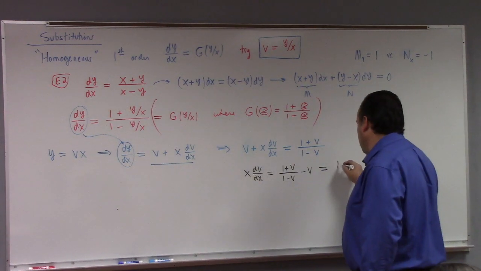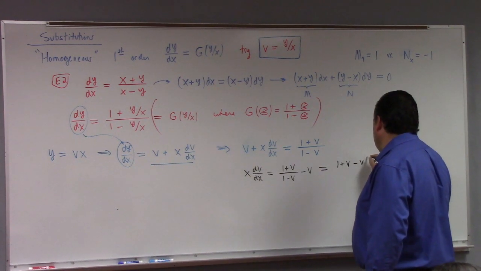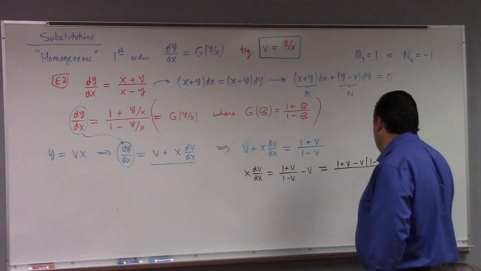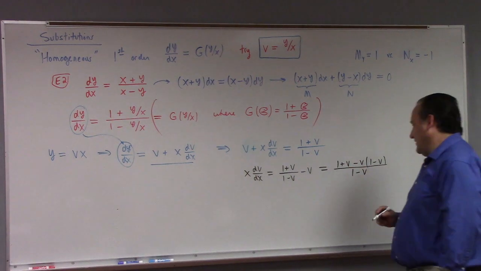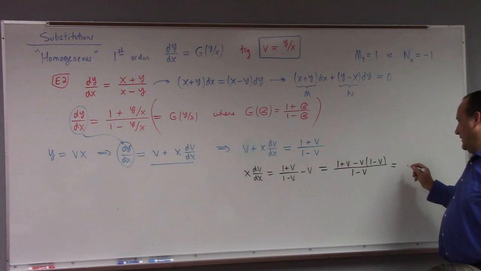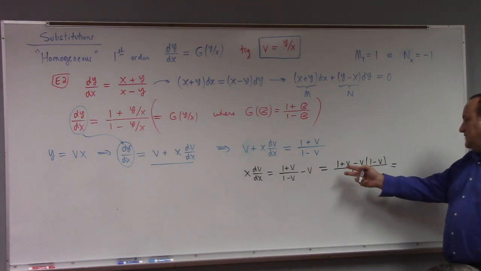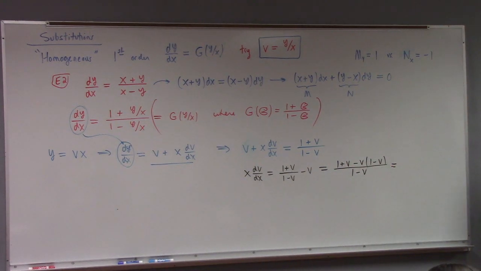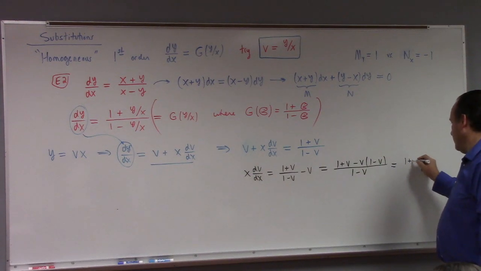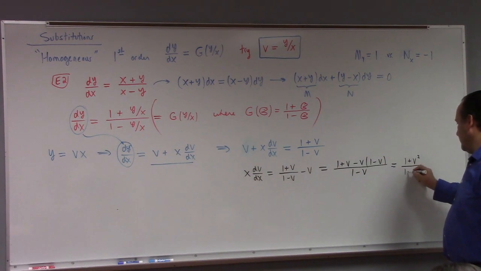So that's 1 plus v minus v times (1 minus v), divided by 1 minus v, making a common denominator. The v's are canceling, and I think we get 1 plus v squared over 1 minus v.